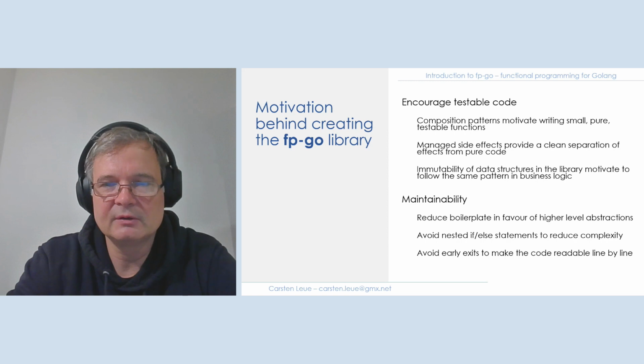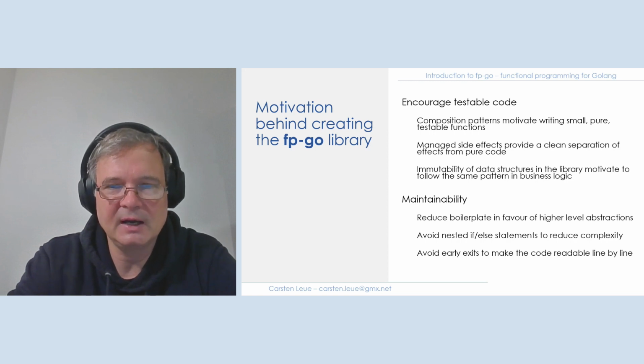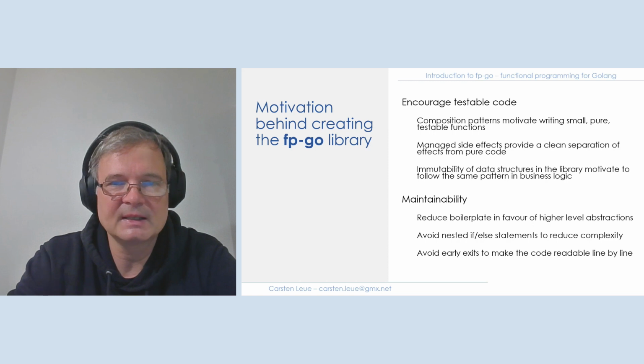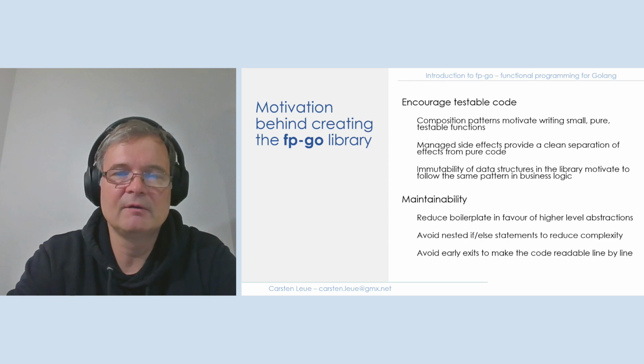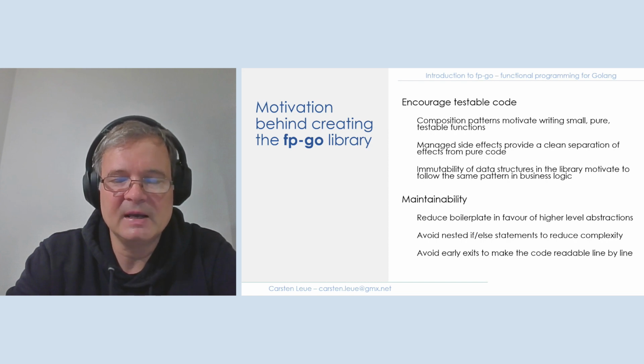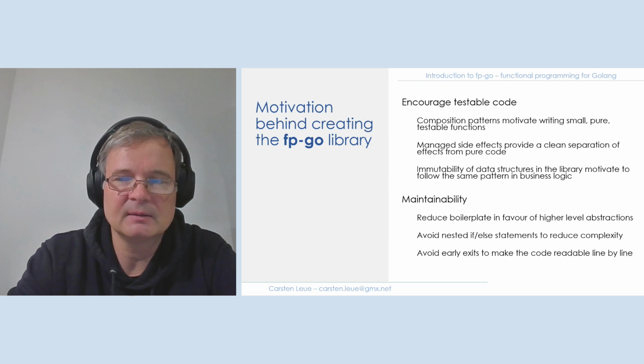Again, it's possible to do the same using imperative style, but following certain functional programming patterns just makes it more obvious and easier to follow that style that leads to testable code. Same goes for the aspect of being able to tell side effects apart from pure functions, and by contract, the immutability of data structures.